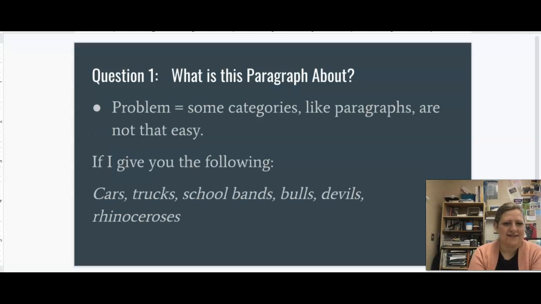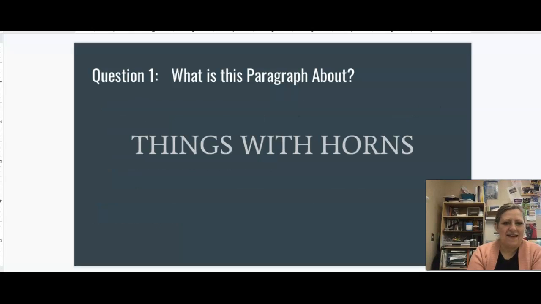I'll go back to the list. Cars, trucks, school bands, bulls, devils, rhinoceroses. Answer, things with horns. So sometimes you have to think outside the box a little bit.